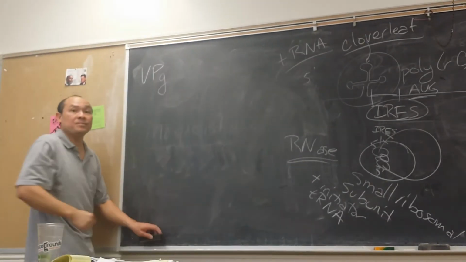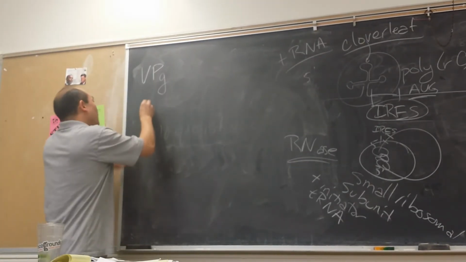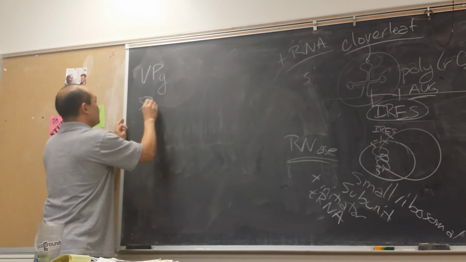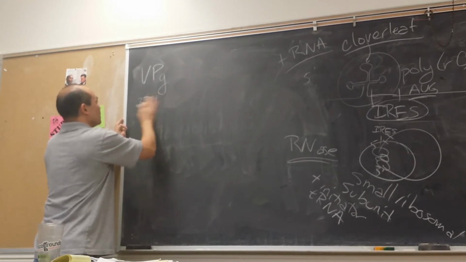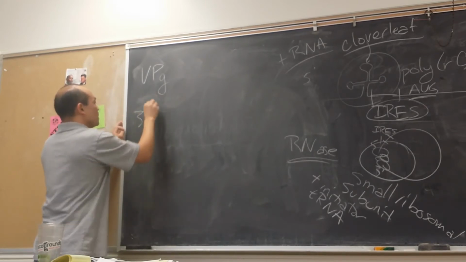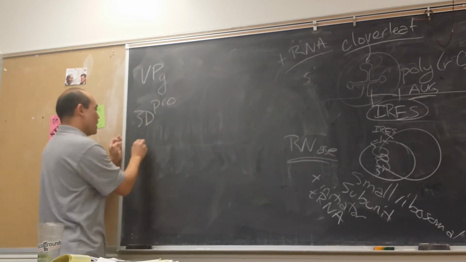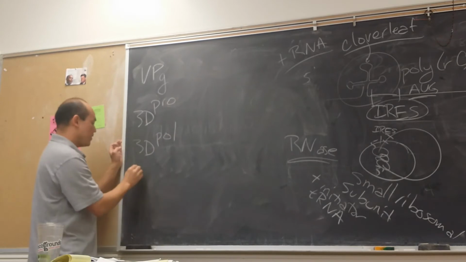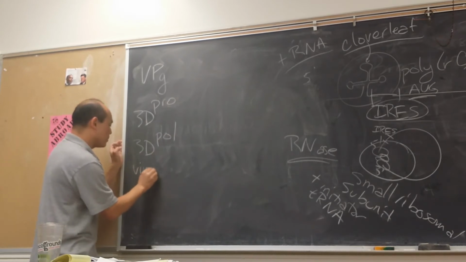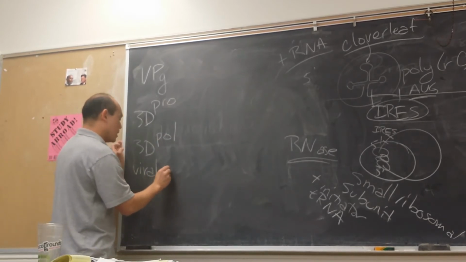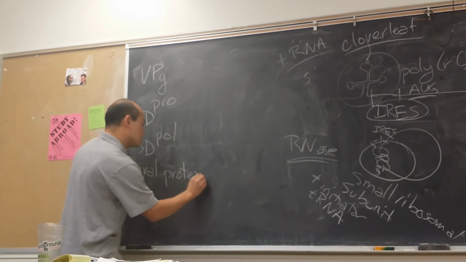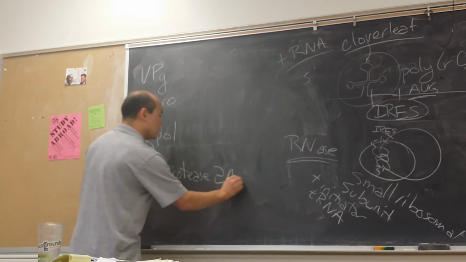VPg is important. VPg is going to be produced. Another protein that is important is 3D Pro, and then 3D Pol, and then a viral protease 2A.